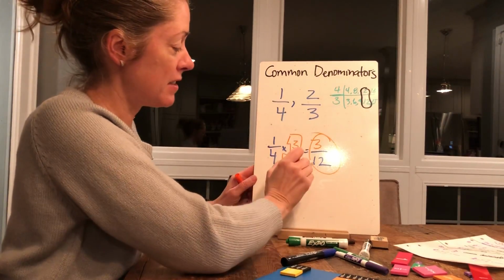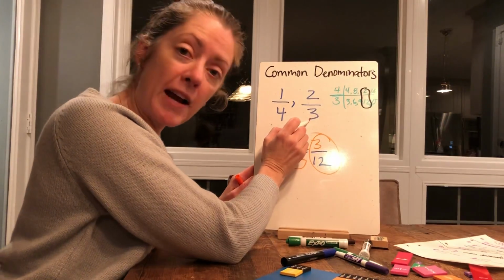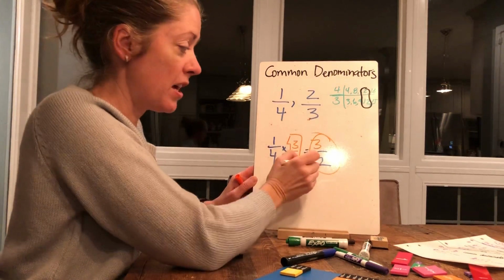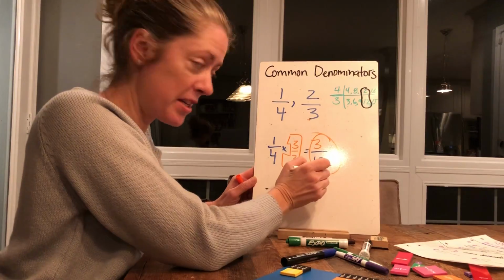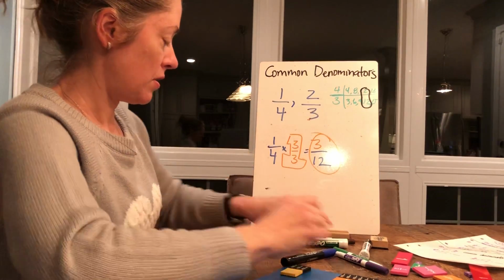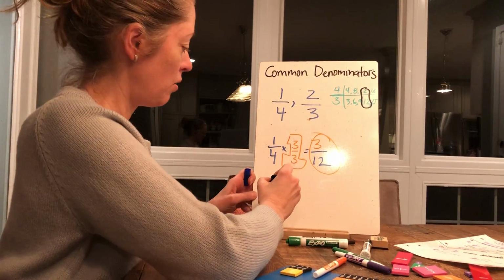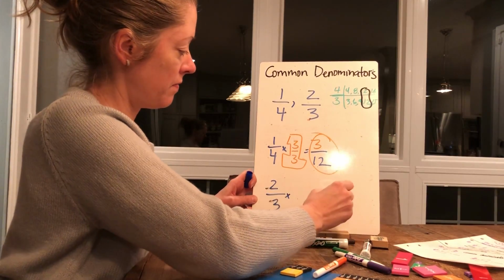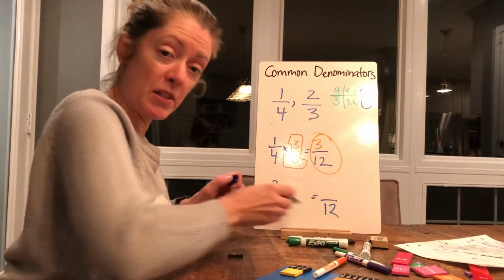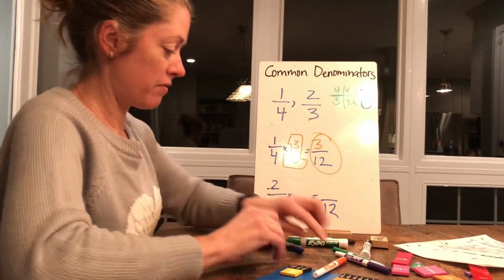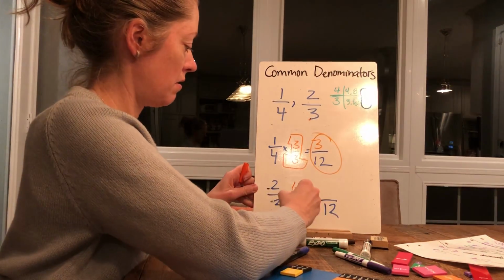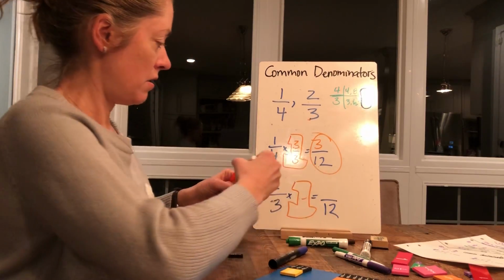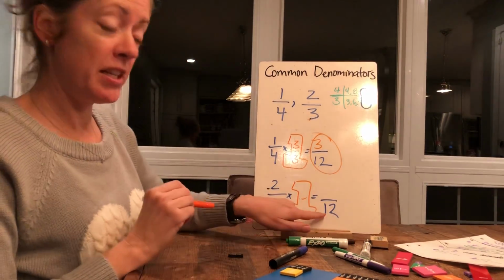Then we need to find an equivalent fraction to 2/3 that also has 12 as the denominator. So again, we're going to use the magic 1. And we know 12 is going to be here as our common denominator. Okay, so how do we go from here to here?